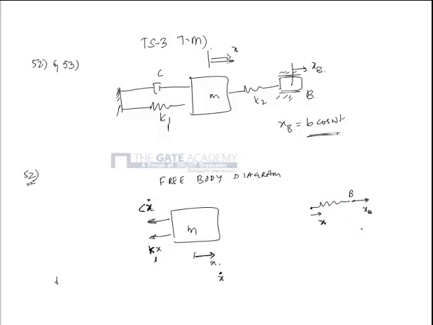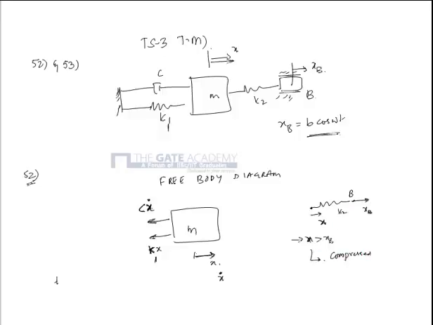Assuming x is greater than xb, you can also assume xb is greater than x and you will end up getting the same answer. So let's take x greater than xb, and the spring K2 is basically compressed.